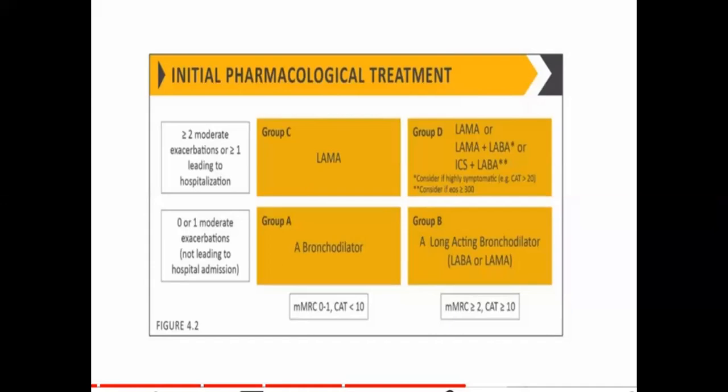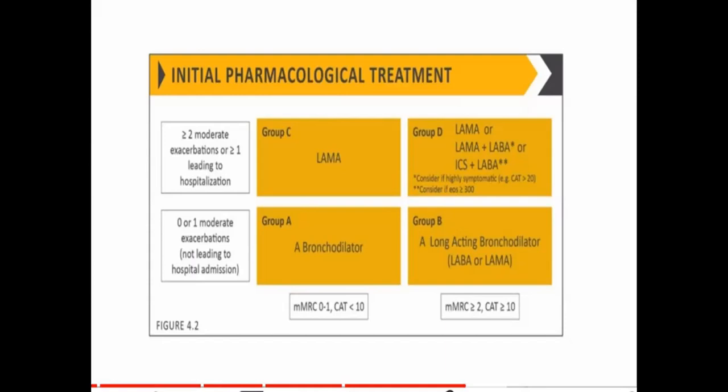And so once you have your CAT more than 10 or your modified Medical Research Council score of more than 2, so you are dealing with a group C or a group D, together with the number of episodes of exacerbation the patient gets in a year or hospitalizations the patient has had from the exacerbation.